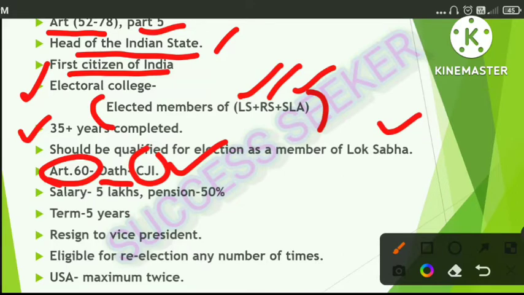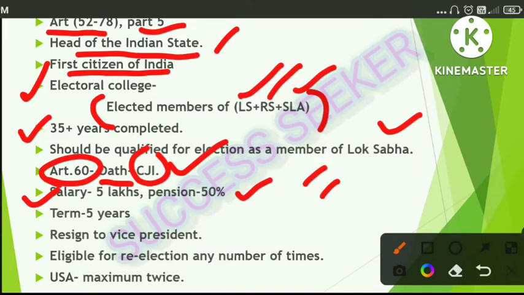And what is the salary of the President of India? It is 5 lakh rupees per month, and the pension is around 50% of his salary, and the other facilities of staying in a house and other facilities are also given to the President of India.